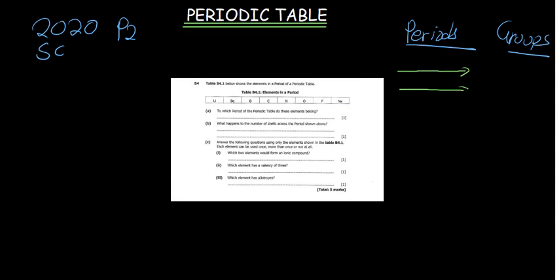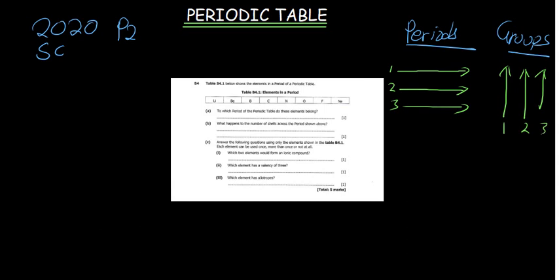These are periods. Then when we're talking about groups, they are vertical, they are in this manner. So when you're counting in this manner, 1, 2, 3, these are periods. When you're counting as 1, 2, 3 going this side, these are groups.